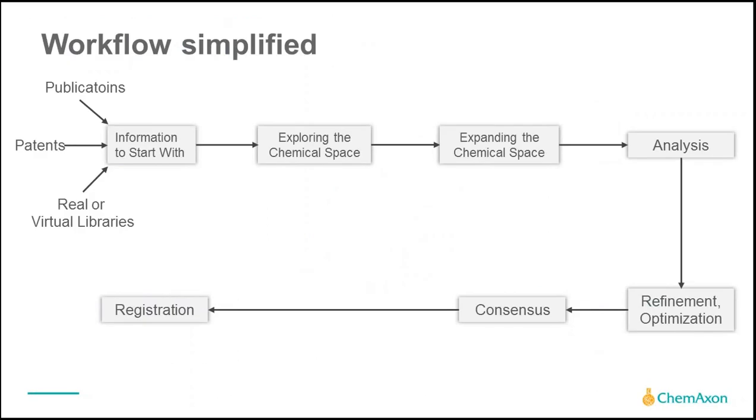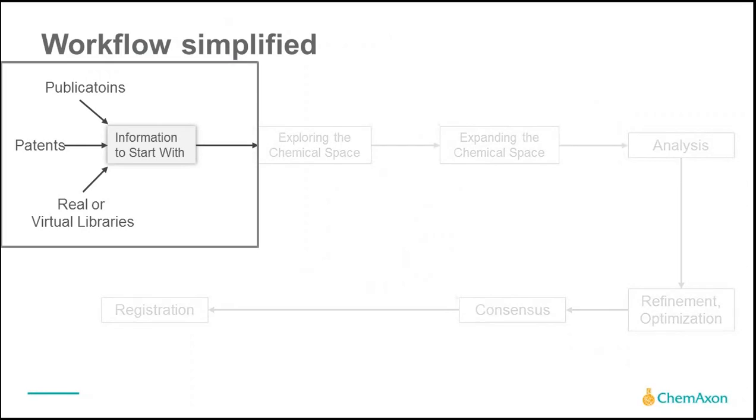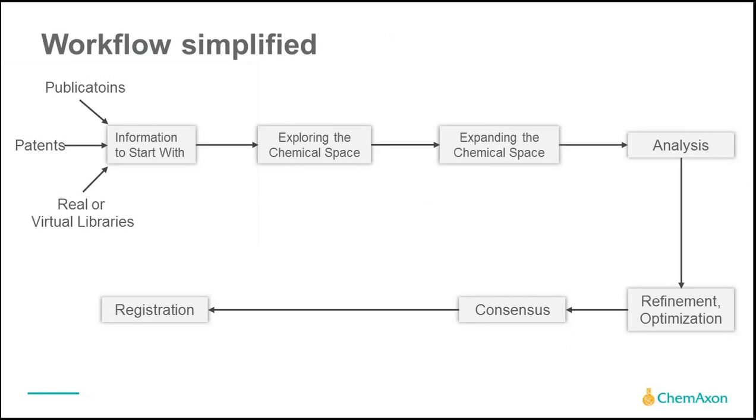Now, if you want to simplify this workflow, then you look at something like this. You start with some sort of information that comes from publications, patents, or in-house libraries, which can be real or virtual libraries. You collect this information somehow, and then you start exploring this chemical space.